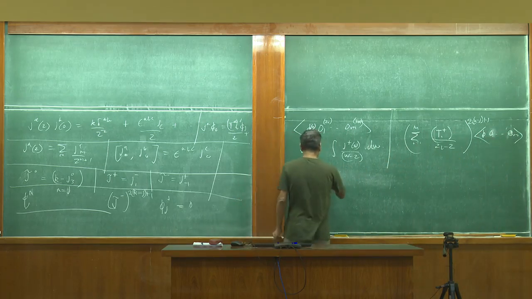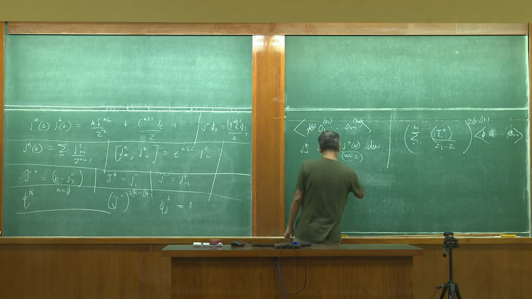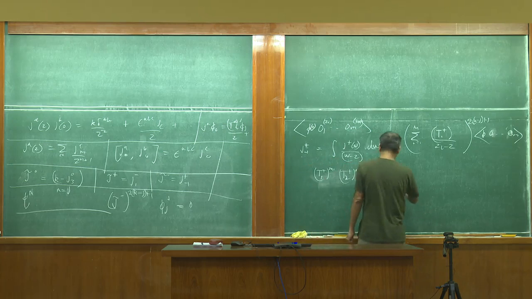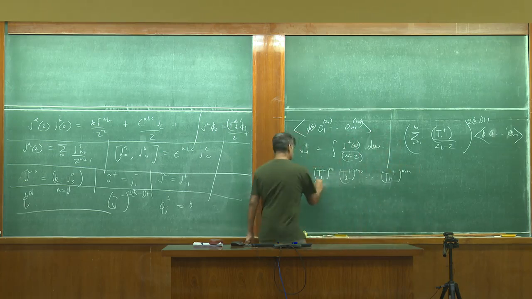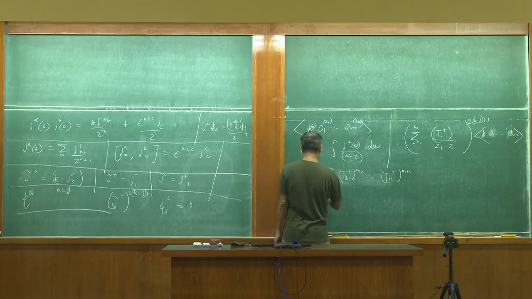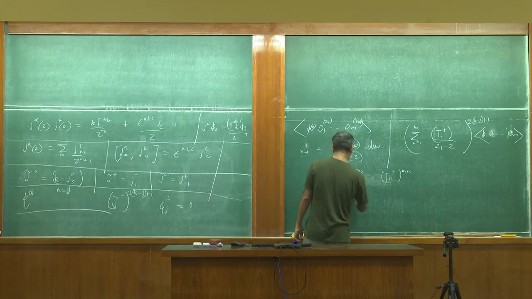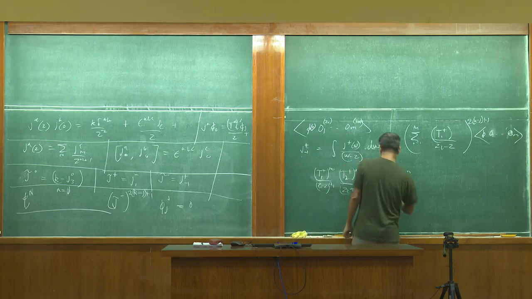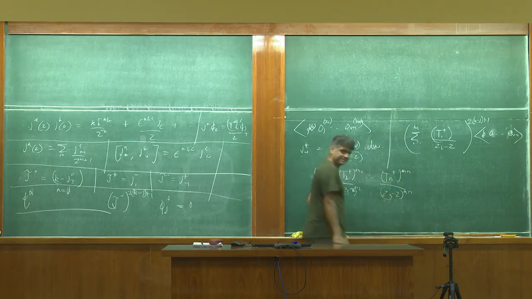We have T1 plus to the power m1, T2 plus to the power m2, Tn plus to the power mn. Each of these is divided by z1 minus z to the power m1, z2 minus z to the power m2, zn minus z to the power mn.